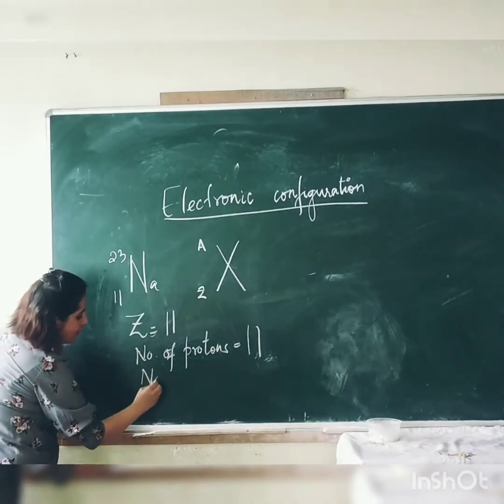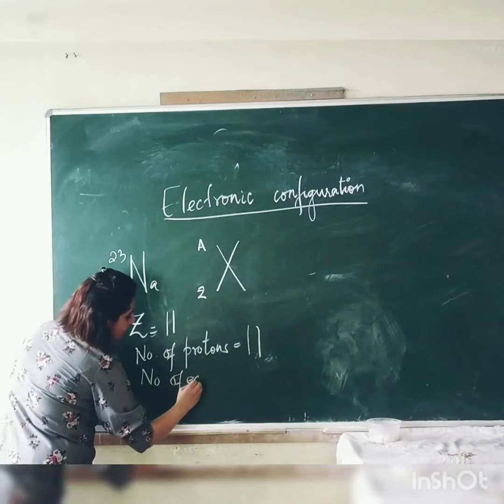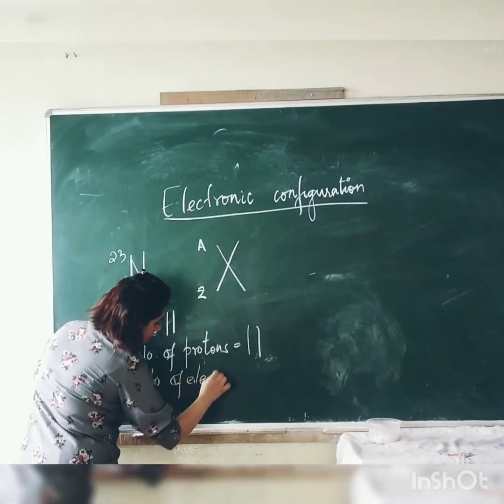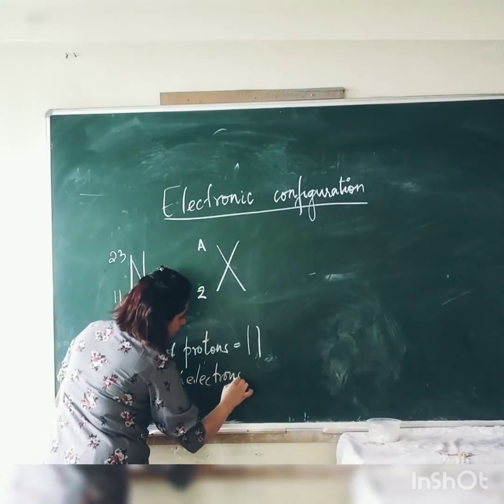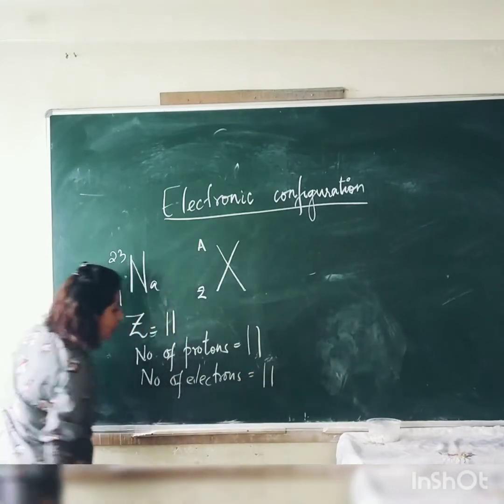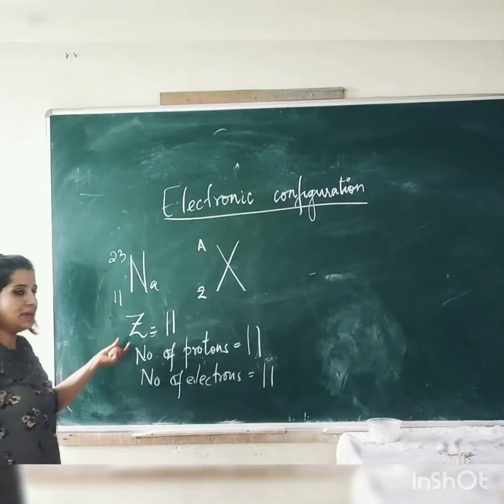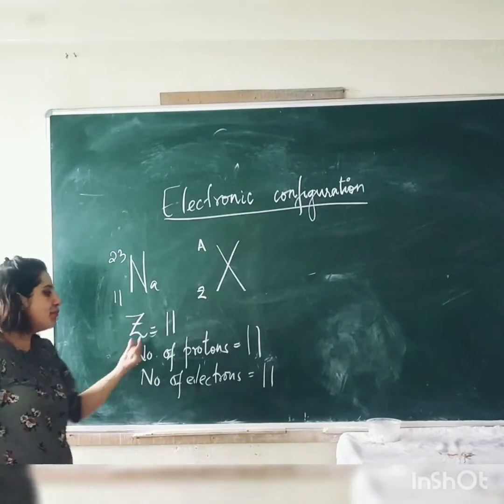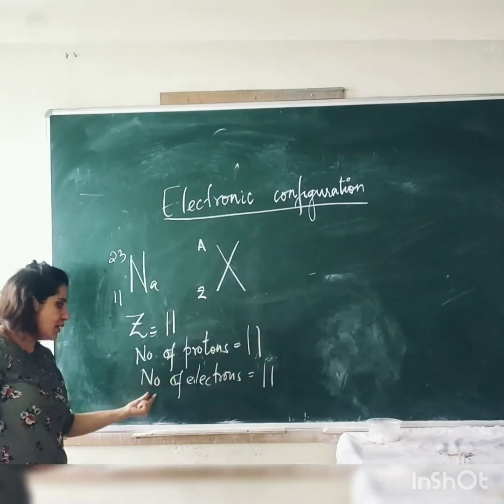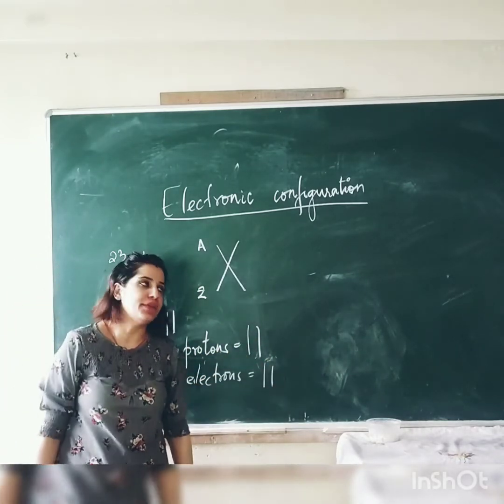So the number of electrons is also equal to 11. So if the atomic number is 11, the number of protons is 11 and the number of electrons is 11.